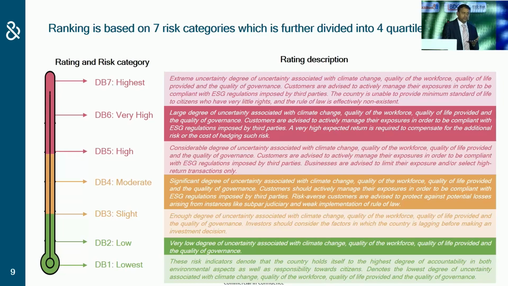The lowest, DB1, means a very safe country to trade with on the ESG front. They are great countries. On the contrary, DB7 is the worst country to trade with or to do any sort of investment activities in, because they're certainly not compliant on the ESG front.